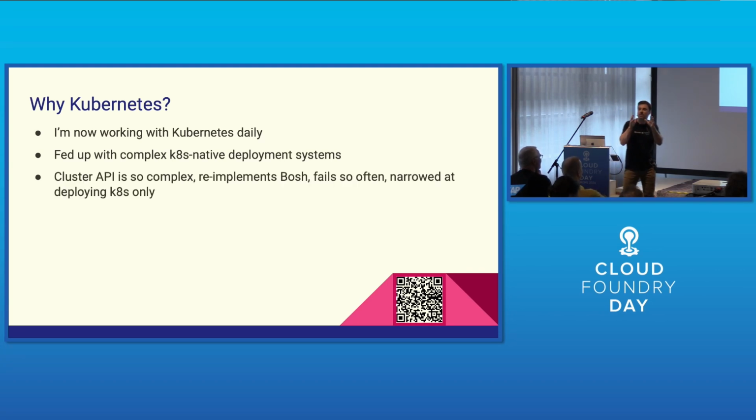But once you dig into Cluster API, you enter a completely new world, and it's so complex. It basically re-implements Bosh, but it's eventually consistent. It fails quite often, and it's narrowed at deploying only Kubernetes, whereas Bosh can deploy anything.